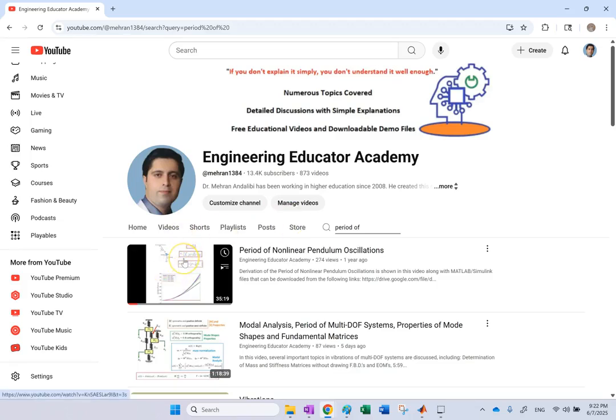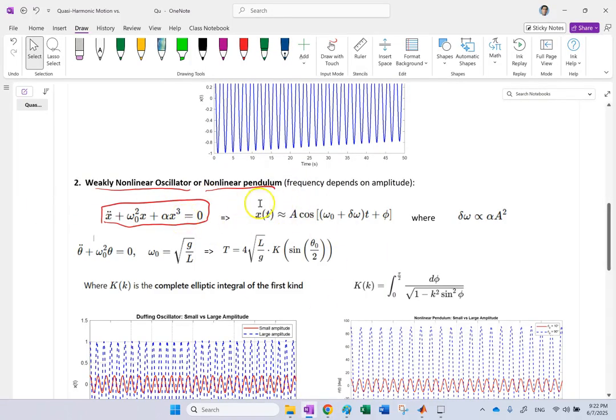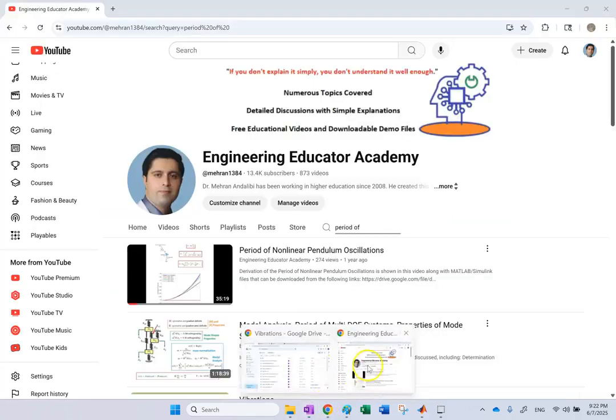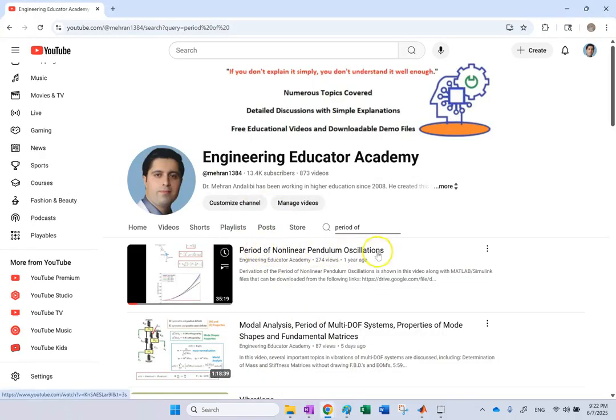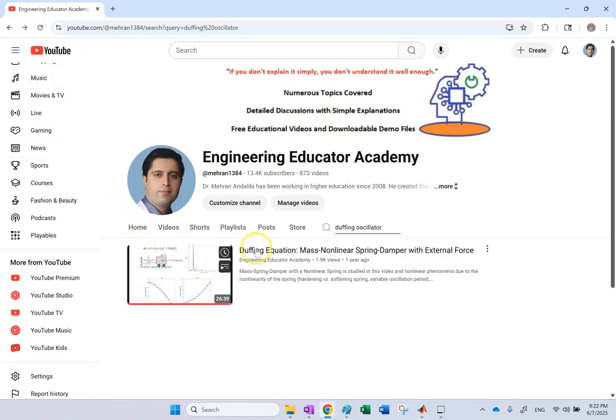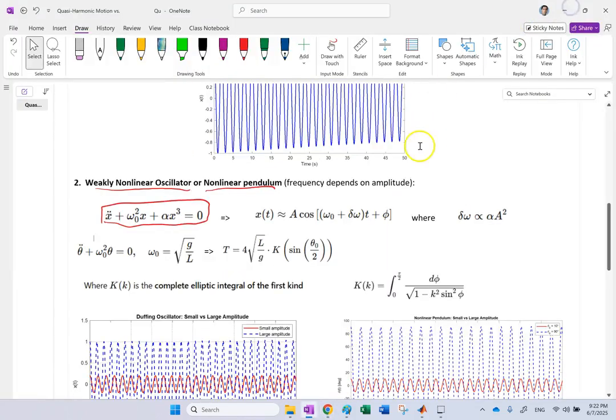So the parts that I'm about to talk about refer to these two videos. One of them is the period of nonlinear pendulum oscillation, and the other one is the Duffing equation. If you want more explanations, refer to those videos.